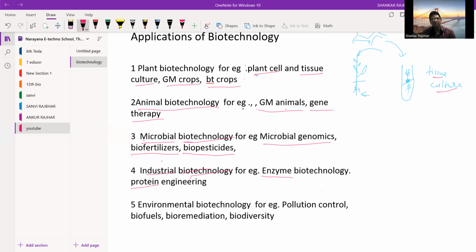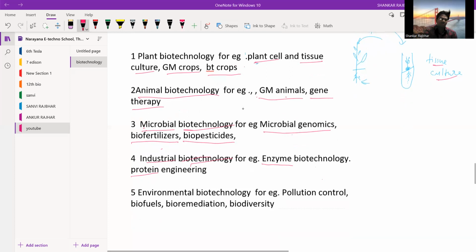We don't want to go into details. We have several enzymes and several proteins we are using. So just write in your answer, that is enzyme industrial biotechnology we are using for the preparation of various enzymes and proteins. So this is also called enzyme biotechnology or protein engineering. Just mention two words, that is enzyme and protein preparation.